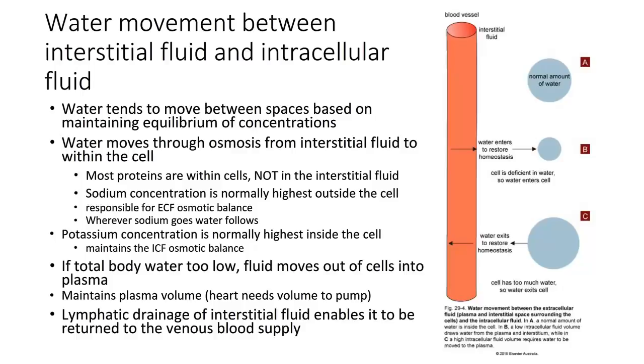The electrolyte that stays in balance with sodium is potassium, and potassium is always in balance on the inside of the cell, balanced with the sodium ion on the outside of the cell.